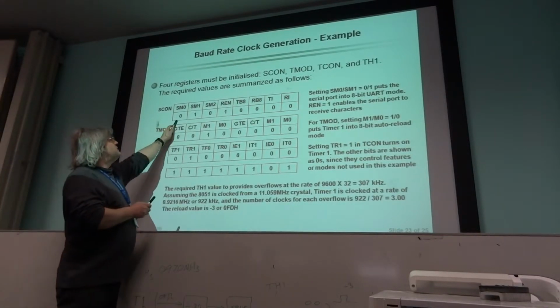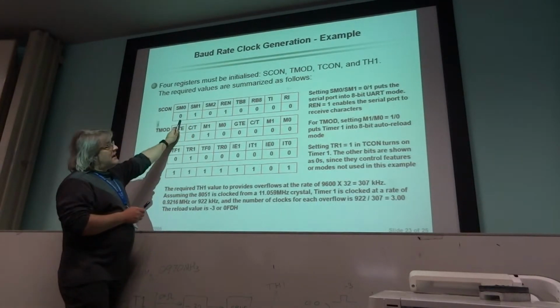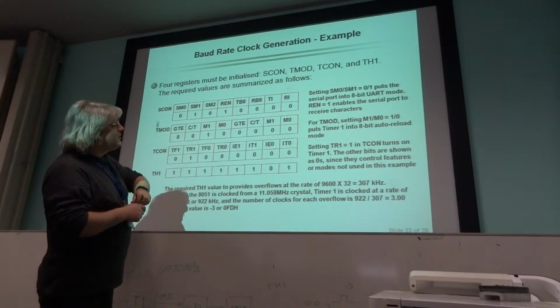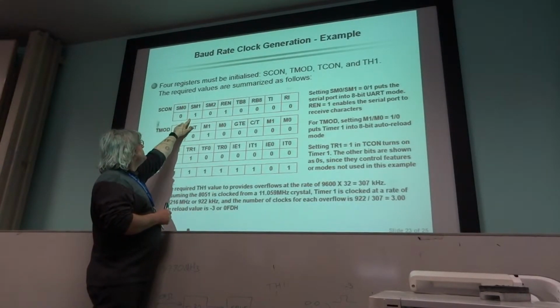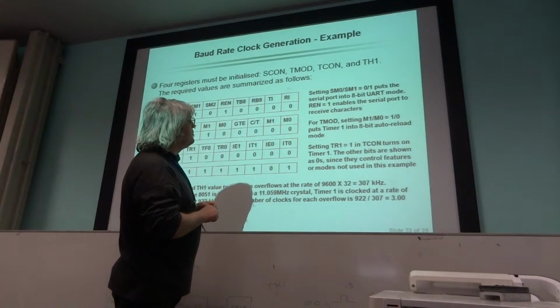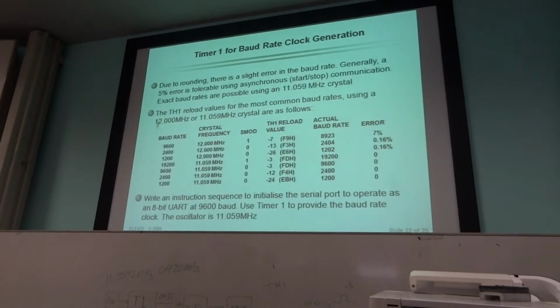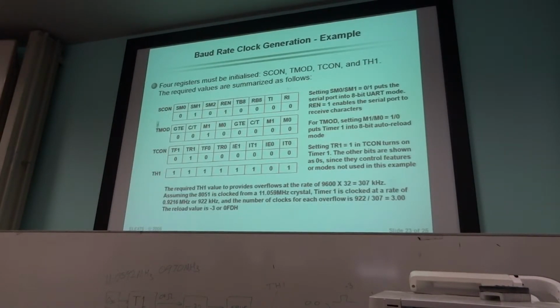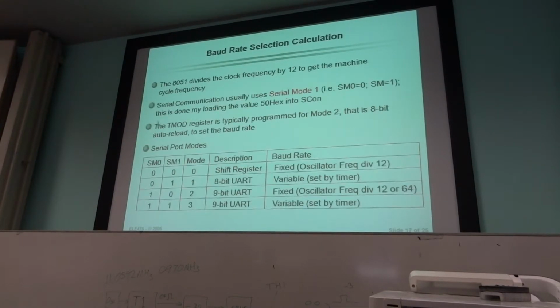So you can see here, this is what I'm doing to SCON. It's these 2 bits which matter here, and I don't know if this is the right way around. Let's see. That looks like it's in mode 2 to me, which is probably wrong. I have to go back and check.